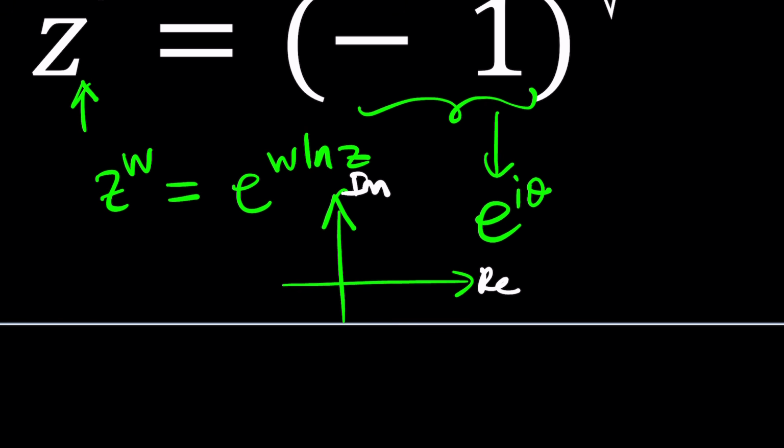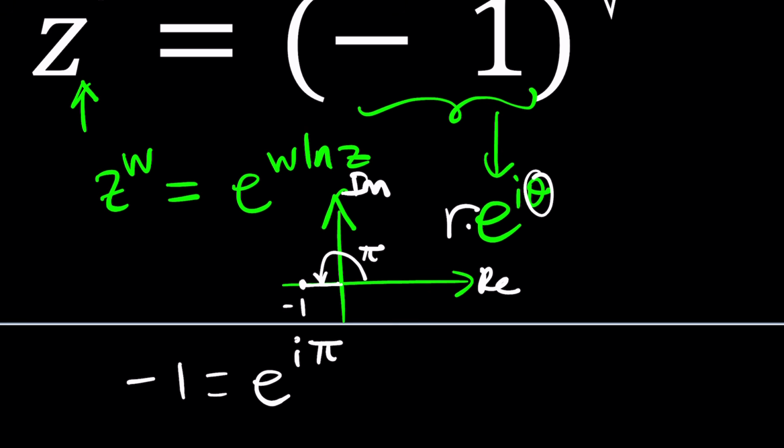And because negative 1 appears here, 1 unit away from 0, and it's on the other side of the real axis, it makes an angle of pi radians. That's why our theta in this case is going to be pi. The modulus r, which you can write here, is going to be 1 because it's the distance from 0. So negative 1 basically can be written as e to the power i pi, right?